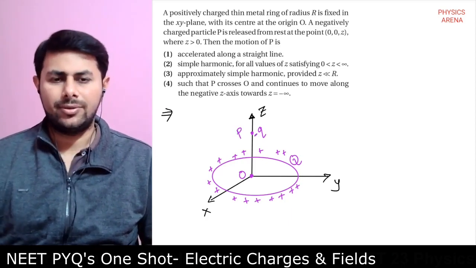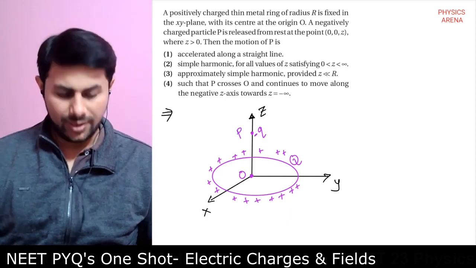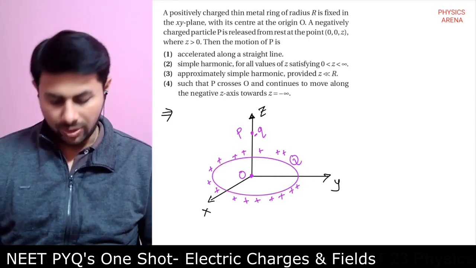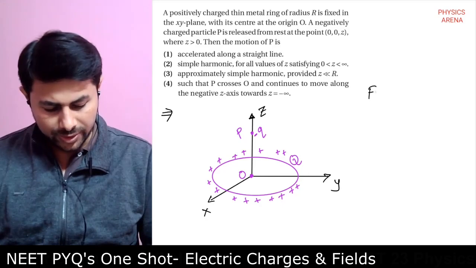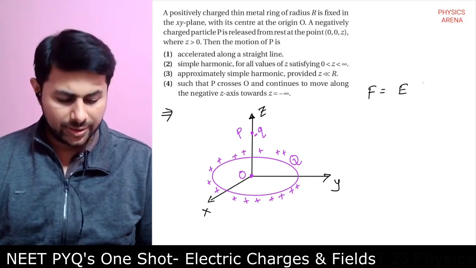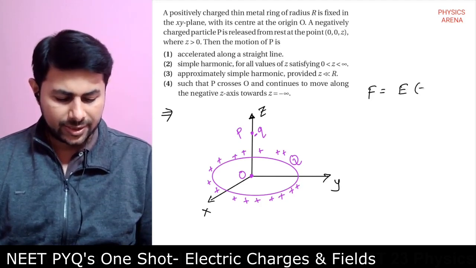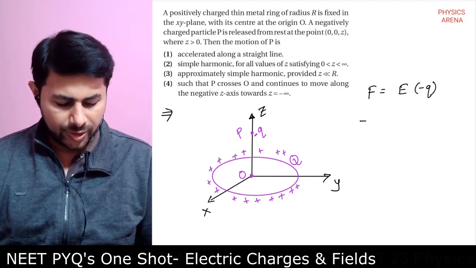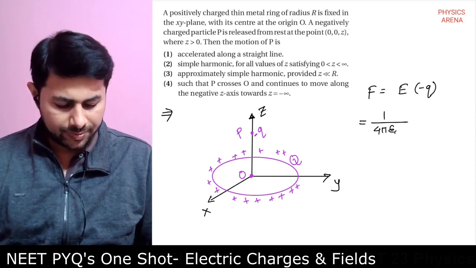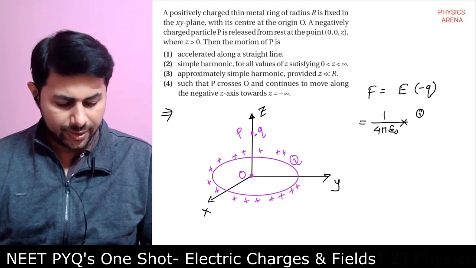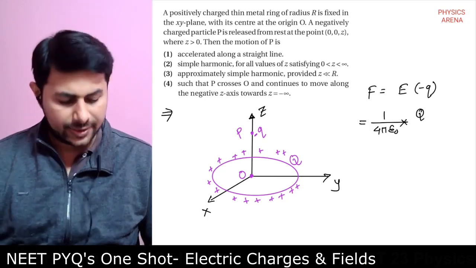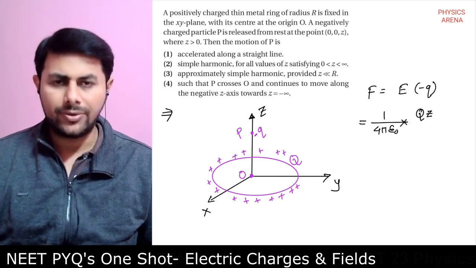So now what will happen? There is some electric field due to this ring at this point. So how much would be the force? The force is given by the electric field due to the ring at an axial point multiplied by the charge, which is minus q. What is the formula for the electric field? It's 1 upon 4 pi epsilon naught multiplied by Q multiplied by x, but here it's along the z axis, so instead of x we'll have z.